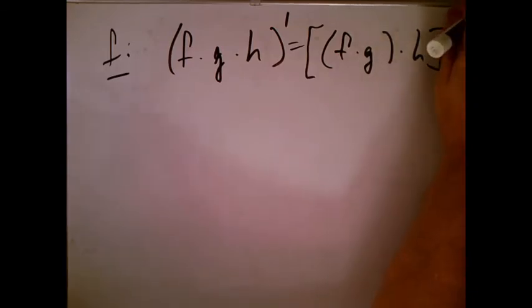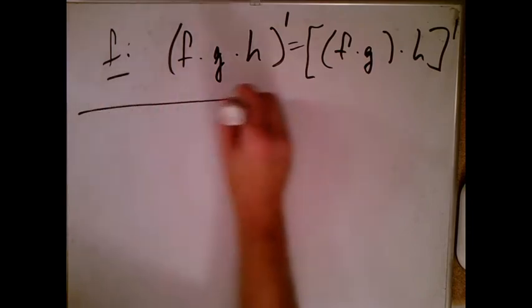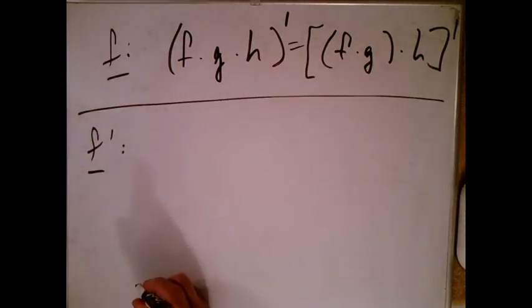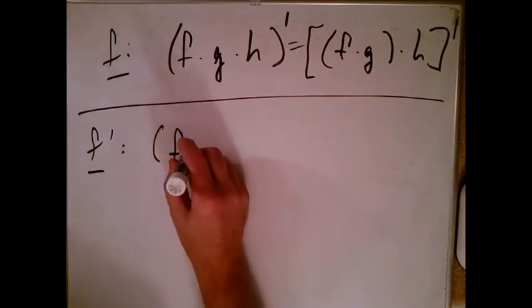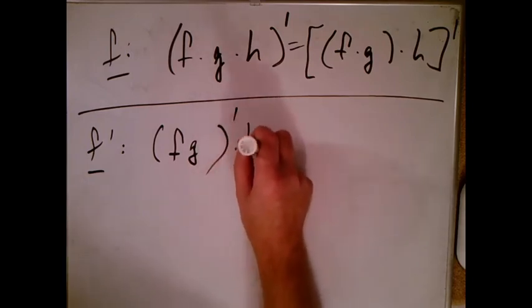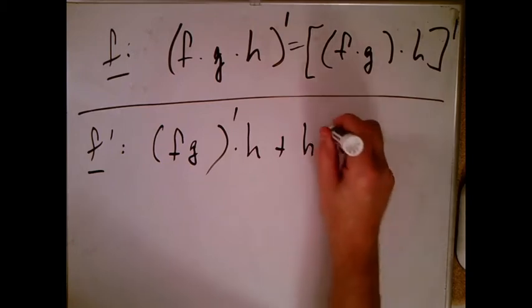And then I want the derivative. Now I can actually use our regular product rule. Boy, I don't like calling that f prime. Anyways, it's going to be the derivative of the first, remember, that is the first, yes, times the second, plus the derivative of the second times the first.